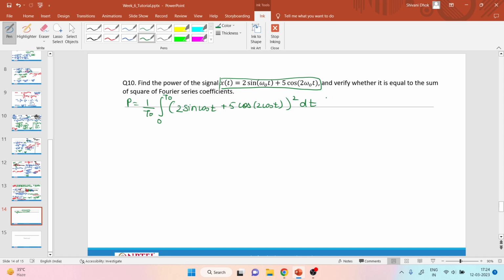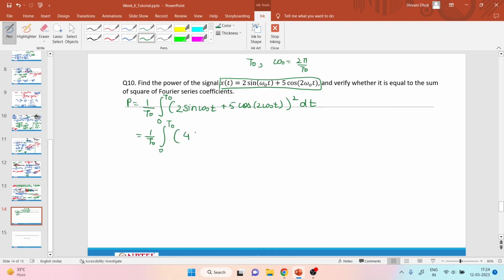So I'll keep this 1 by T naught, where this T naught is the fundamental period and this omega naught is 2 pi by T naught. Okay, and now this I can write as the integral from 0 to T naught.